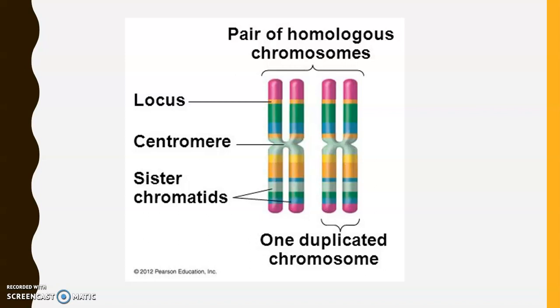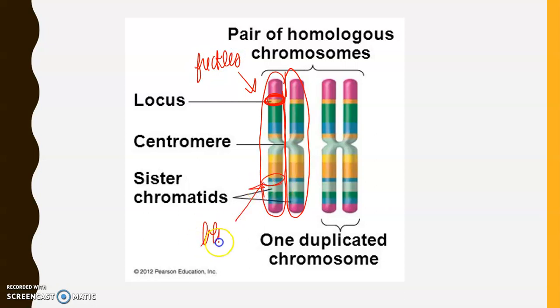What I wanted to point out is that this guy right here and this guy right here are truly identical twins, right? In the last video, I said that this guy said that you were going to have freckles, and I think this guy said that you were going to have blue eyes. That means this one will also say yes to freckles, and this one will also say blue eyes.